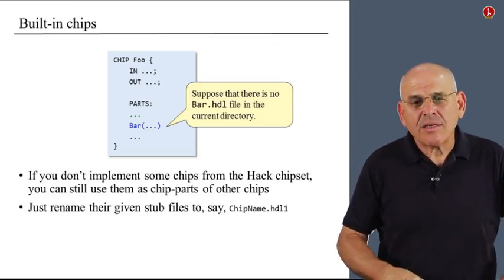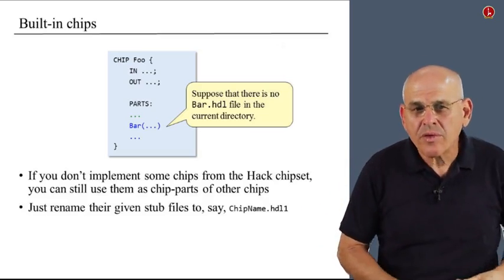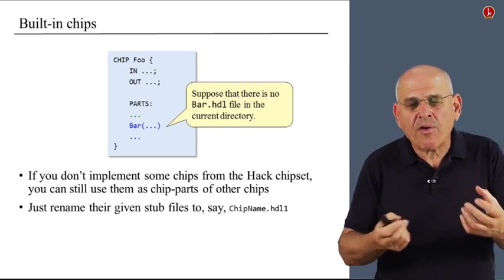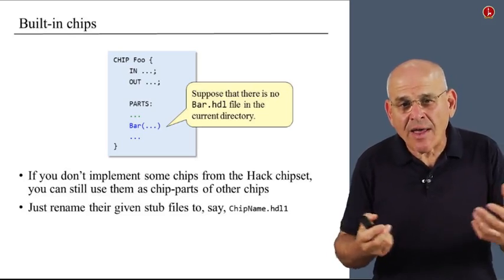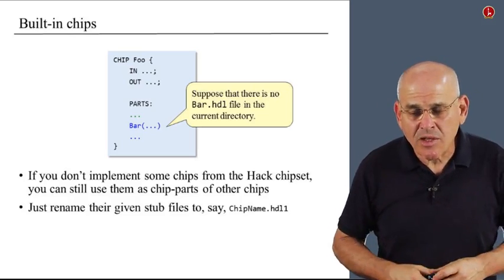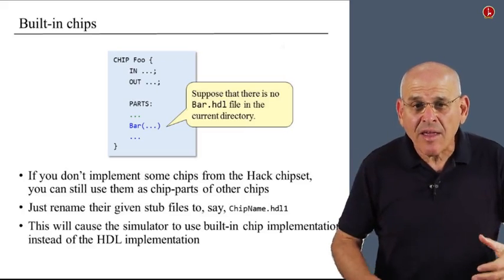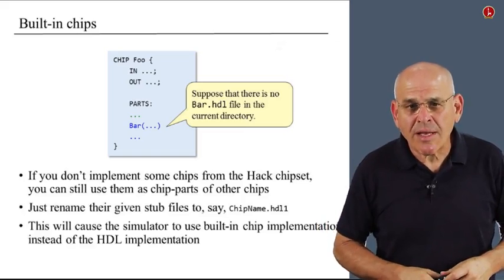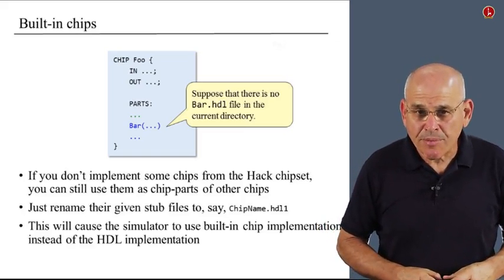Once you do this, when you load foo into the hardware simulator, the simulator will look for an HDL file that corresponds to the missing chip part, and if it does not find it, it will by default revert to using the built-in implementation of the missing chip.